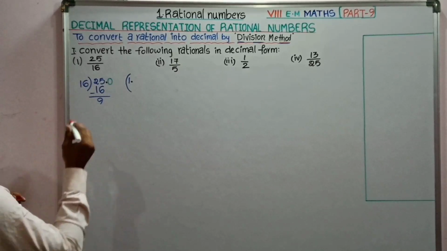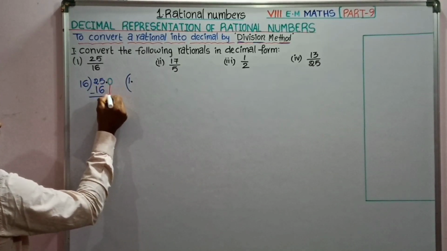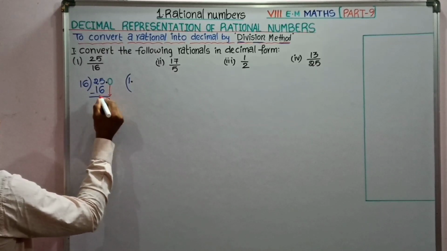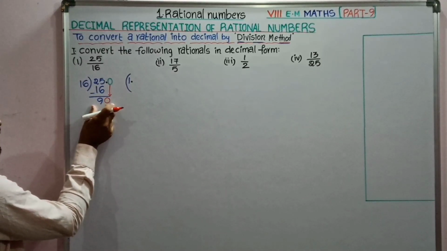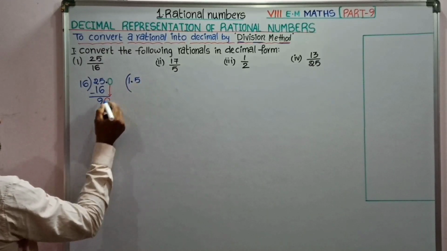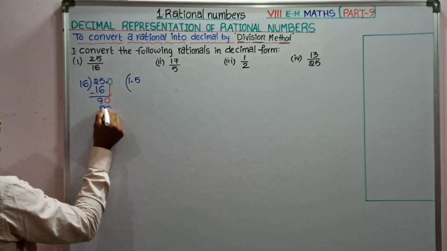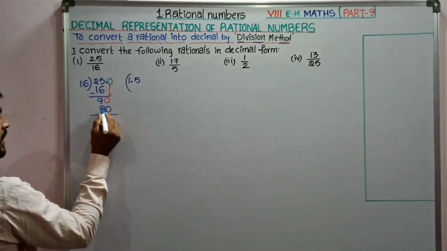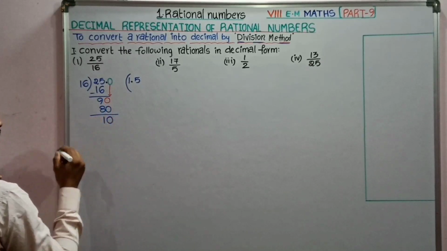Now drop this 0, so the new dividend becomes 90. 16 5s are 80. 90 minus 80, we get 10.